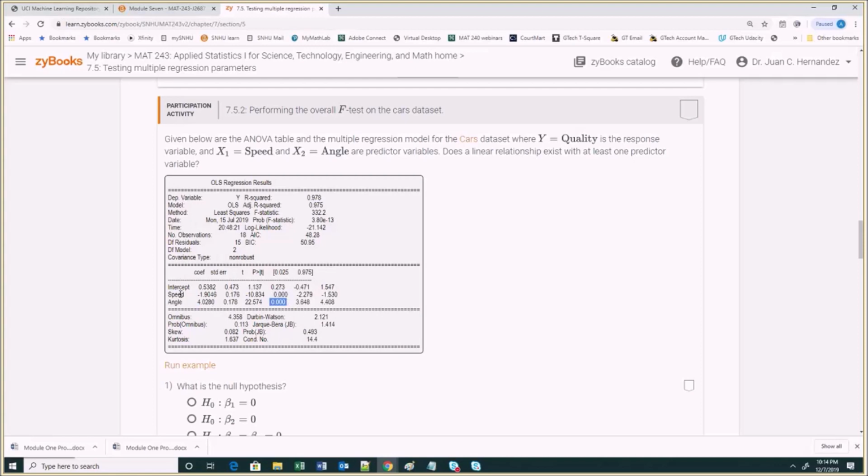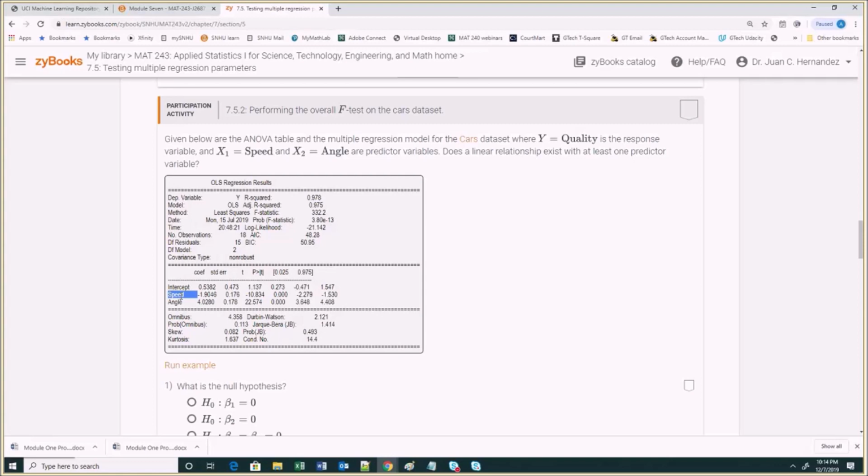For the t-test for speed, the null hypothesis is that the beta estimate for speed is 0, and the alternative hypothesis is that the beta estimate for speed is non-zero. Because the p-value is 0, it's less than 0.05, so we reject the null hypothesis, and we conclude that the beta estimate for speed is non-zero, meaning that it is significant in the model.